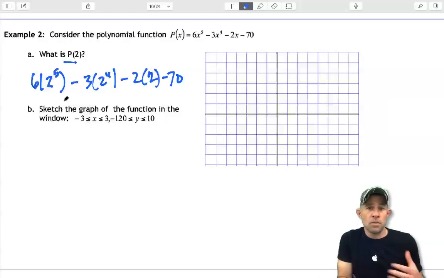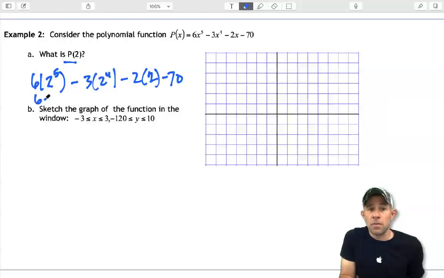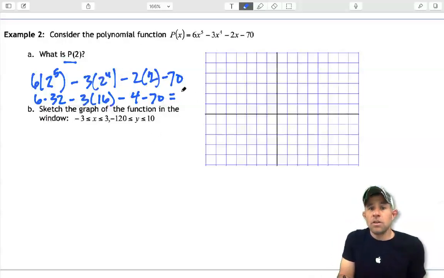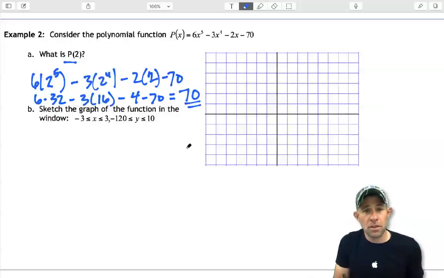So now we're going to evaluate this by using our order of operations, PEMDAS. So we'll do 2 to the 5th first. So that becomes 6 times 32 minus 3 times 16 minus 4 minus 70. Now, once we do all that, or we let our calculator do all that, we should come up with the answer of 70. So P of 2 is equal to 70.